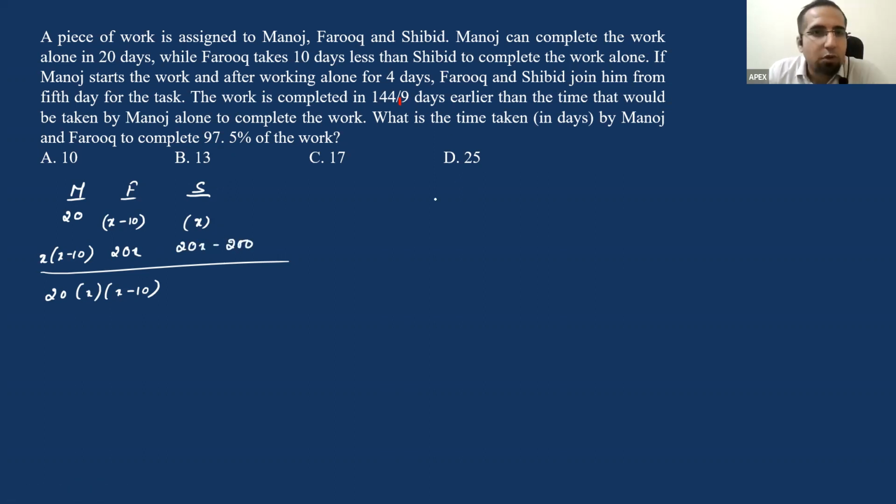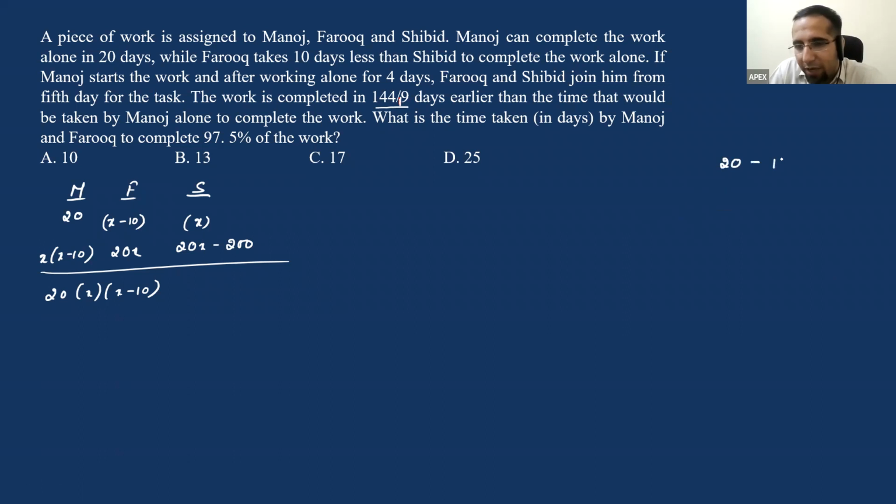Clear? Now, it says if Manoj starts the work and works alone for 4 days, Farooq and S join him from the 5th day, and the work gets over in 144 by 19 days earlier than what Manoj alone would have taken to complete the work. Clear? Now, Manoj alone would have taken 20 days.